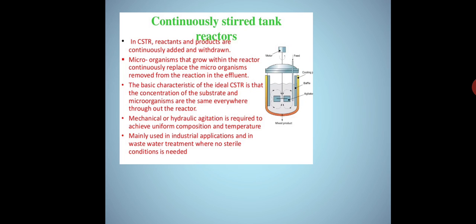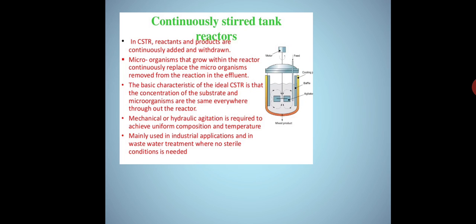The role of agitation, the role of mixing, plays a big role in this continuous stirred tank reactor. Tank, it is the tank type of fermenter, and reactor, as it is the bioreactor. So by combining these four words, it forms continuously stirred tank reactor.